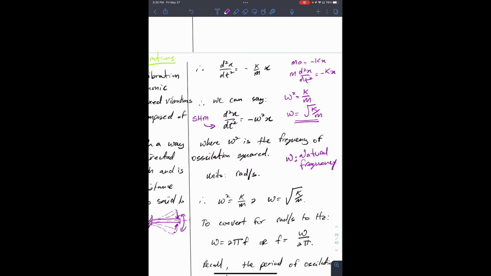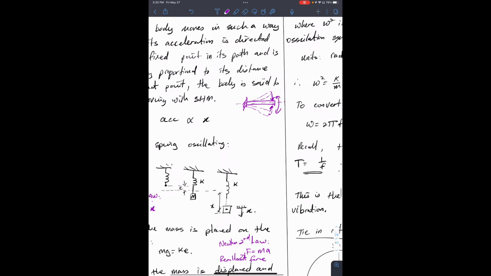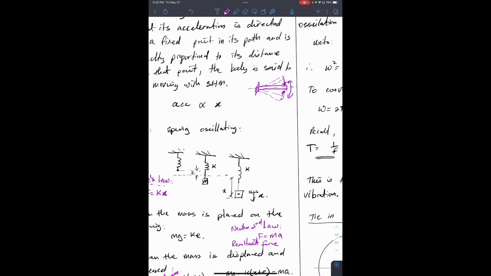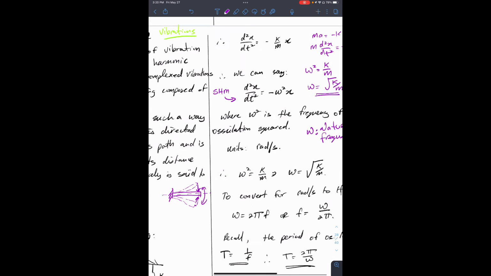The natural frequency is the frequency at which an object would oscillate if it is left to oscillate on its own. For example, if you pull on the mango, you try to pick it, but you let it go, then it will oscillate up and down a little bit, just like the mass on the spring here. Nothing is holding it back, but it will oscillate at a certain frequency. That frequency is called the natural frequency.